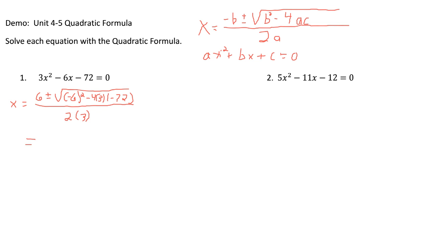So that's going to equal, I'm going to take the handy dandy calculator and do what's under that square root. So I'm going to do b squared minus 4 times 3 times negative 72, and I get 540.